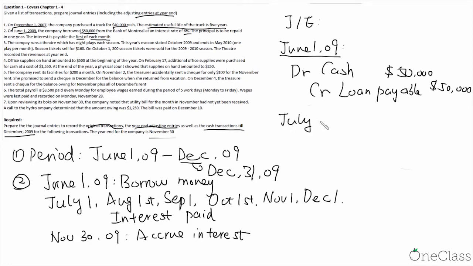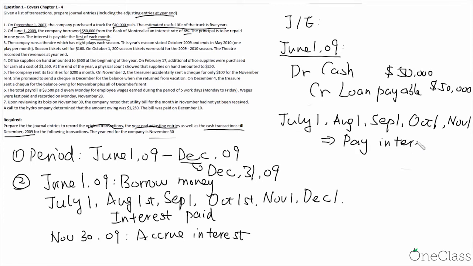And from July 1st, August 1st, September 1st, October 1st, and November 1st, we all need to pay the interest. So what we need to do now is to calculate what's the monthly interest and book the journal entry.